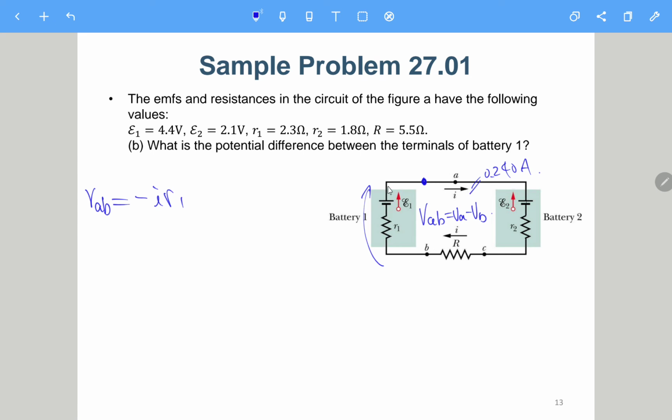And then from this point to this point, we should add E1 because these two arrows are in the same direction. Okay, so here we have minus 0.240 times R1, which is 2.3, plus 4.4. So this is nothing but 3.8 volts.